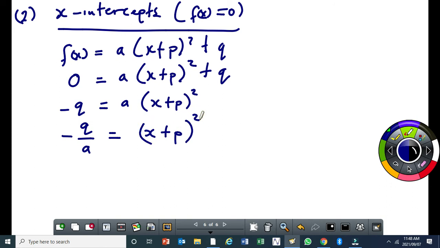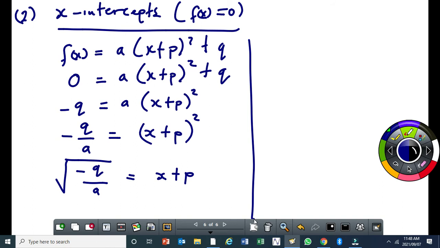Then you must take square roots both sides. So if you do that, you get the square root of minus q over a is equal to x plus p. Then you take this p to the left. If you do that, you end up getting x equal to, now be aware that here we have to put plus or minus because the quadratic function has got two x-intercepts. So we have to put a plus or minus there.